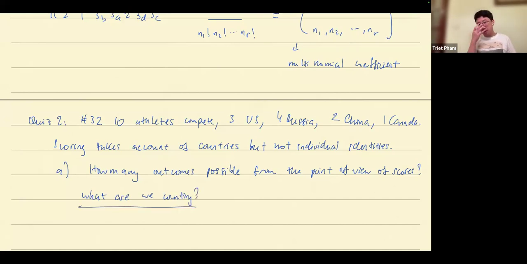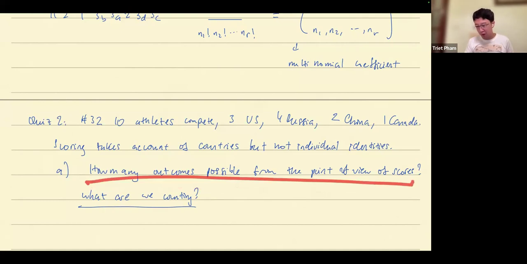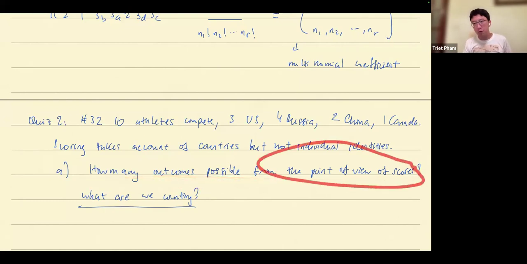Then I would say that most likely you're going to come up with the wrong answer. In other words, when I read this question, I feel it's kind of weird. What do we mean by "from the point of view of scores"?